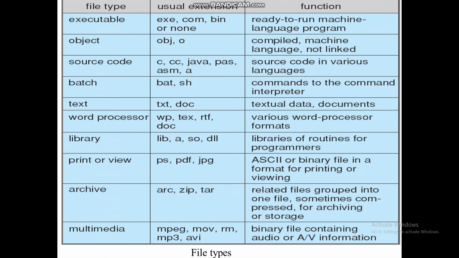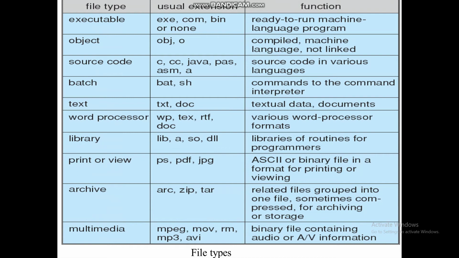Then text files, which have the extension .txt. Then .doc files, word processor files with .doc, .wp, etc. Then library files with the extension .lib.